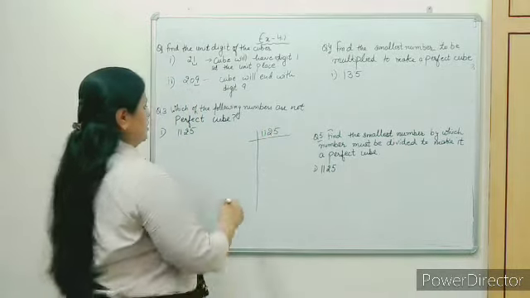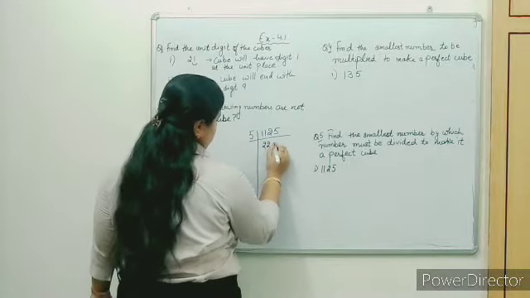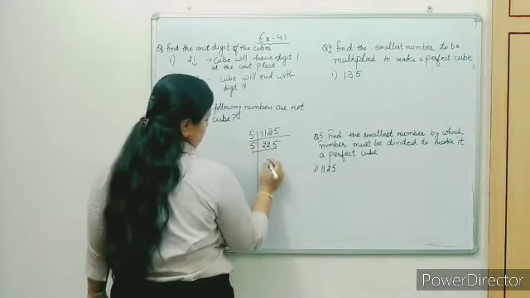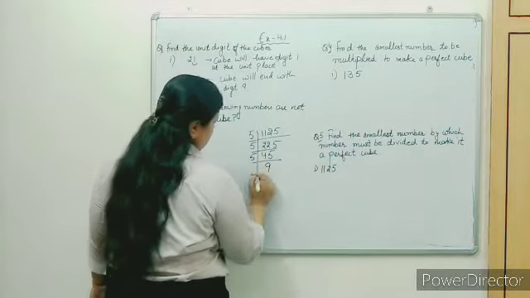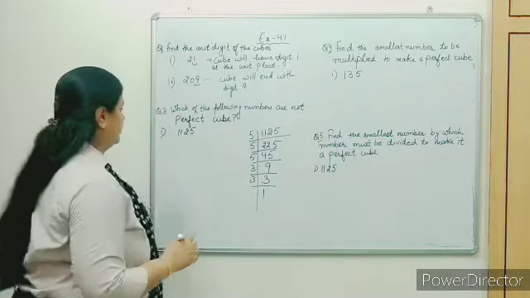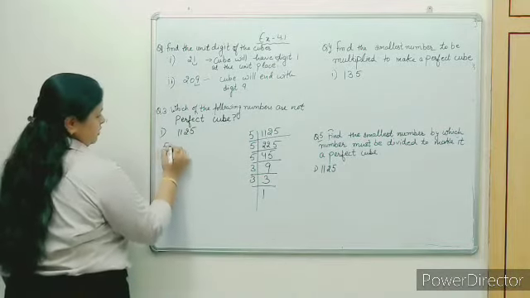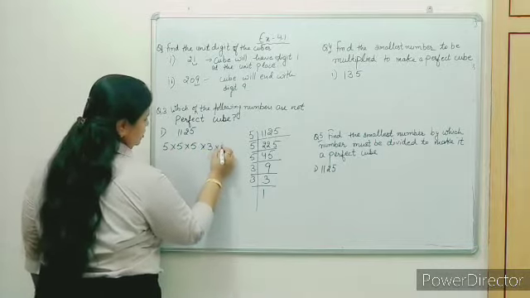So clearly it will start with 5. 5 2s are 10, 25, 5 4s are 20, 5 9s are 45, 3 3s are 9, and 1. So what are the factors of 1125? 5 into 5 into 5 and 3 into 3.